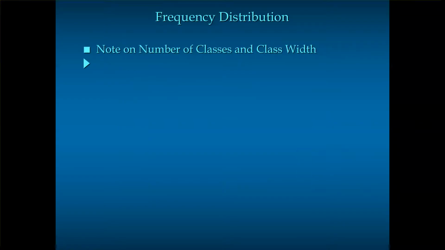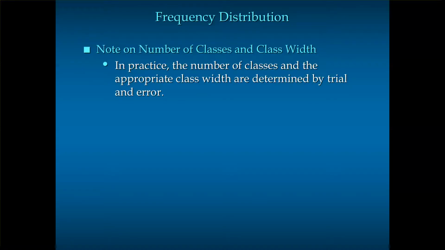There is one more note on the number of classes and the class width. In practice, the number of classes and the appropriate class width are determined by trial and error. That's what I said before: generally speaking, there is no rule, but it's better to have some guidance.